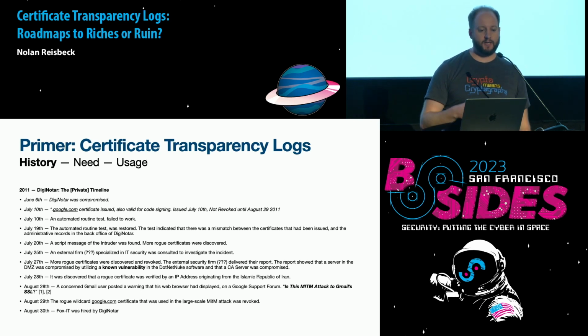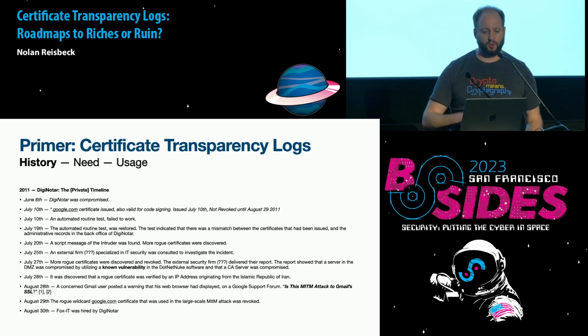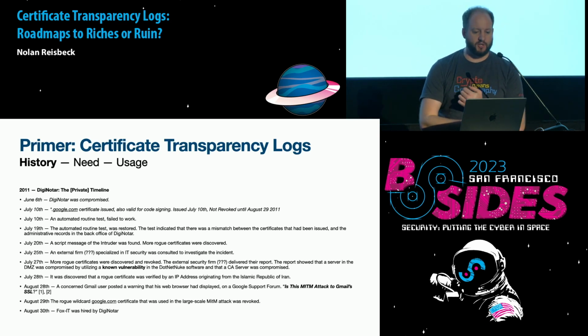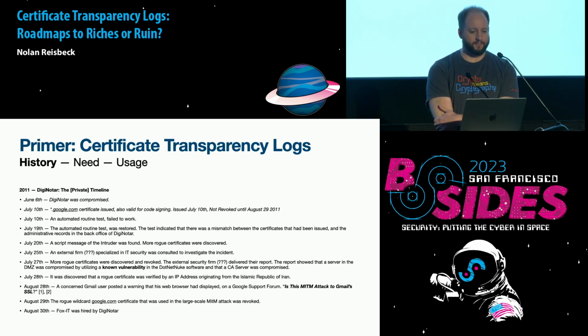That could be anything else under that single domain, Google. You could use that certificate to do all sorts of awful and terrible things. And that certificate was not revoked until about a month and a half later, on August 29th. So just a few days after the problem was surfaced in that product forum.